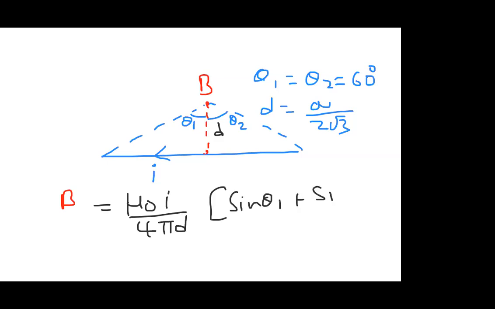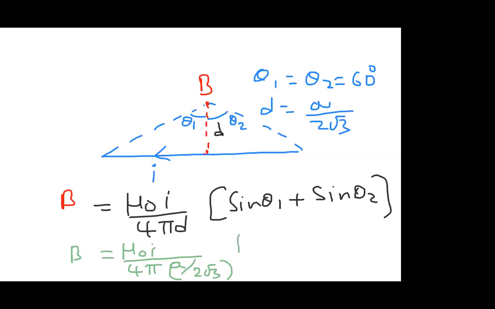This is the formula for a finite length straight current carrying conductor at a distance d from the conductor. Just now we told the value of d as a by 2 root 3. So B is equal to mu naught I by 4 pi into a by 2 root 3.